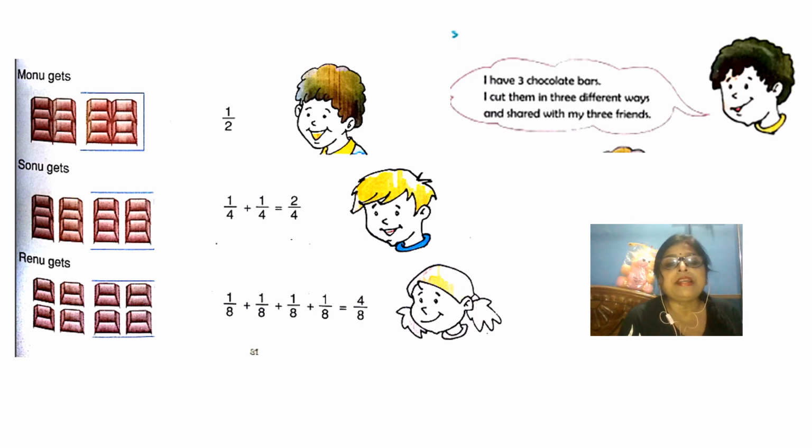Mono is getting half and Sonu is getting 1 by 4 and 1 by 4, that is also equal to 2 by 4, and Renu is getting 1 by 8, 1 by 8, 1 by 8 and 1 by 8, that is equal to 4 by 8. So you can say that the part is the same but the distribution method is different. This type of fraction is called equivalent fraction.